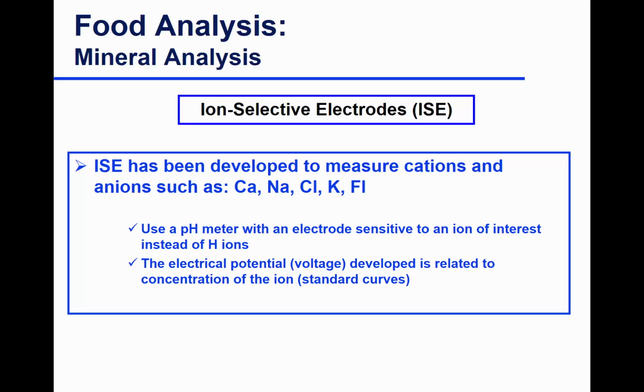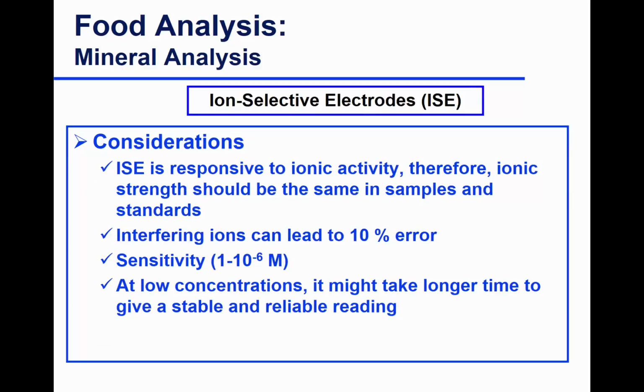So instead of the electrode being sensitive to the presence of hydrogen ion, it would be sensitive to the presence of particular element ions. And then you measure the change in electric potential the same way you do for a pH meter. There was an equation in there, I deleted it, so don't worry about it if you have it in your notes.